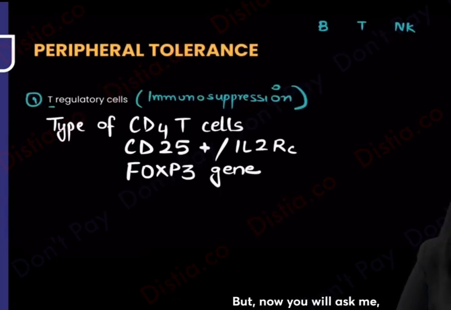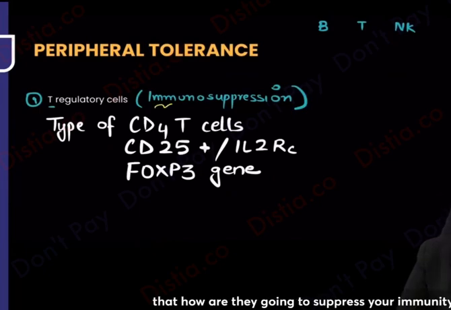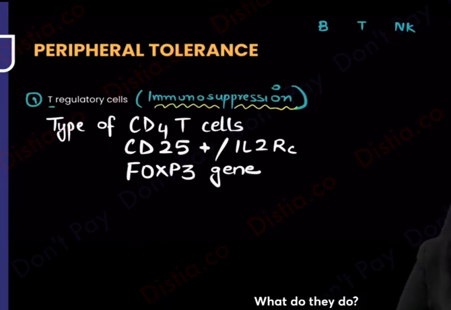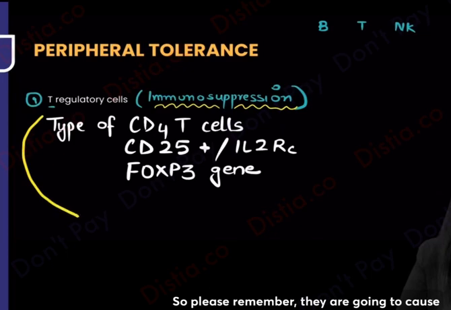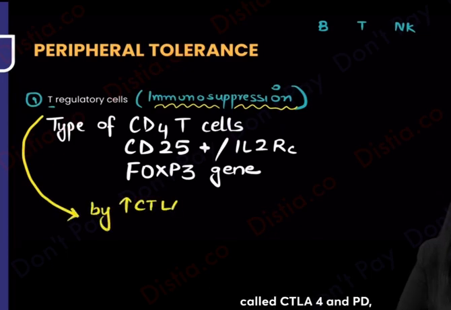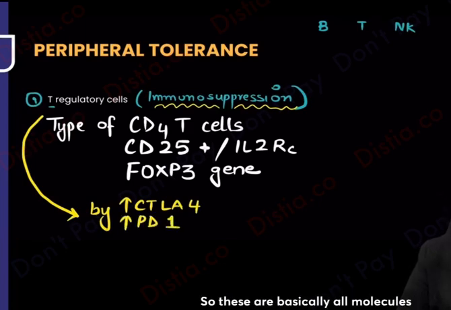But now you will ask me that how are they going to suppress your immunity? What do they do? So please remember, they are going to cause immunosuppression by increasing something called CTLA4 and PD, programmed death 1. They are going to increase it. So these are basically all molecules that I'm making a list for you. These are all the molecules that do immunosuppression.